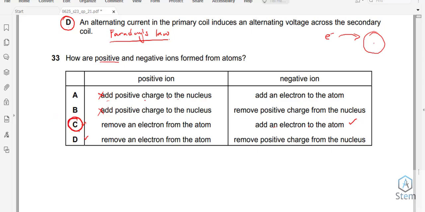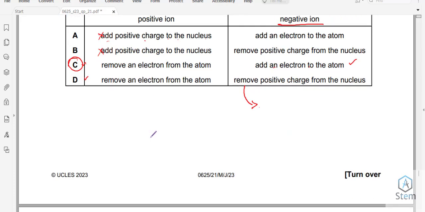So our answer is C. We don't remove positive charge from the nucleus. It's possible to do so, but it does not lead to formation of negative ions. You see movement of charges from the nucleus during radioactivity, and it does not lead to formation of these positive and negative ions. So technically, we pick C.